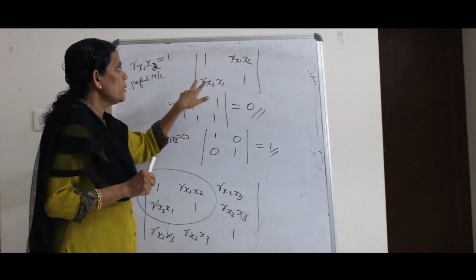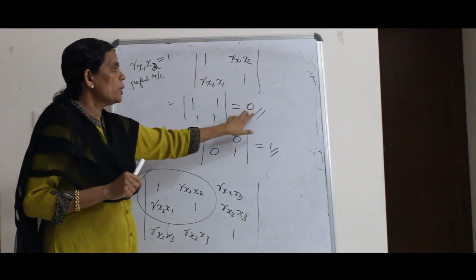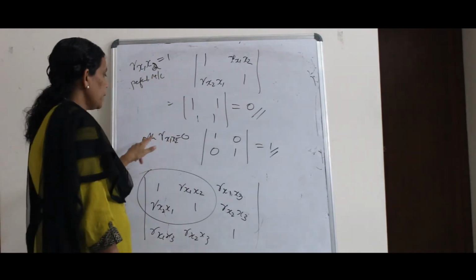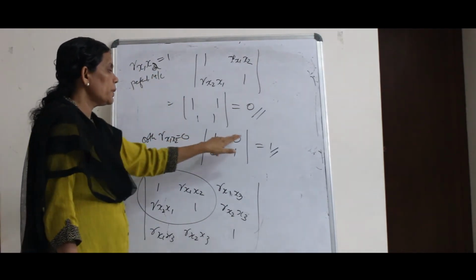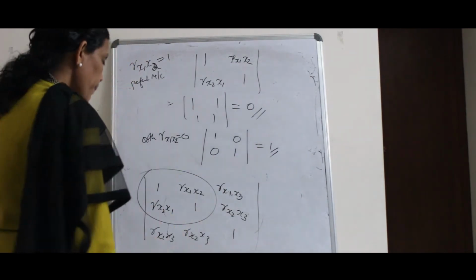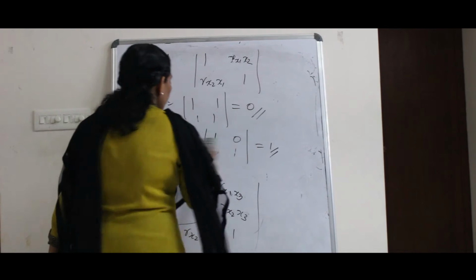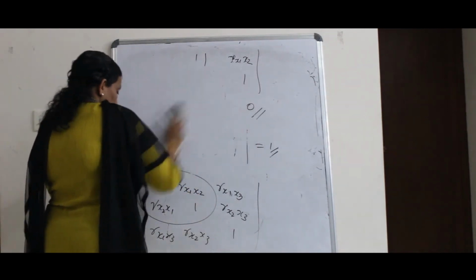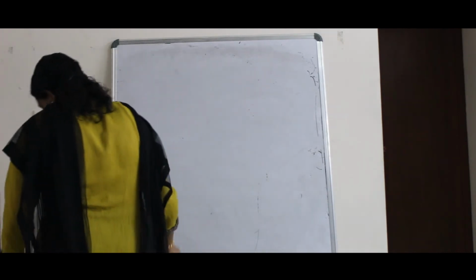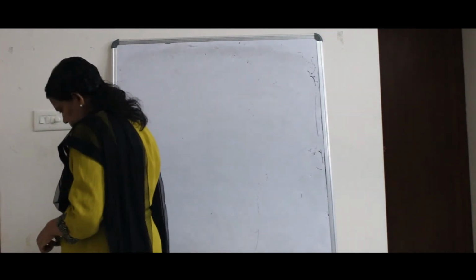So 1, 1, 1, 1, the determinant becomes 0, and there is perfect multicollinearity. If it is orthogonal, it is 1, 0, 0, 1, and the determinant is equal to 1. So that is the second test, which is called the Farrar-Glauber test for multicollinearity.